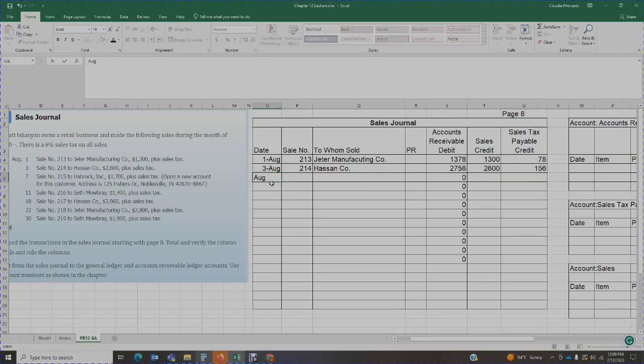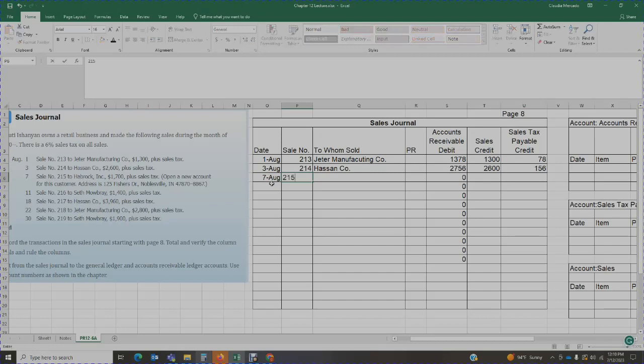August the 7th. We have sale number 215 to Habrock Incorporated, $1,700 plus sales tax. We open a new account for this customer. This is the first time that we use Habrock. That's going to serve us for a different purpose, but we just need to record the sale.